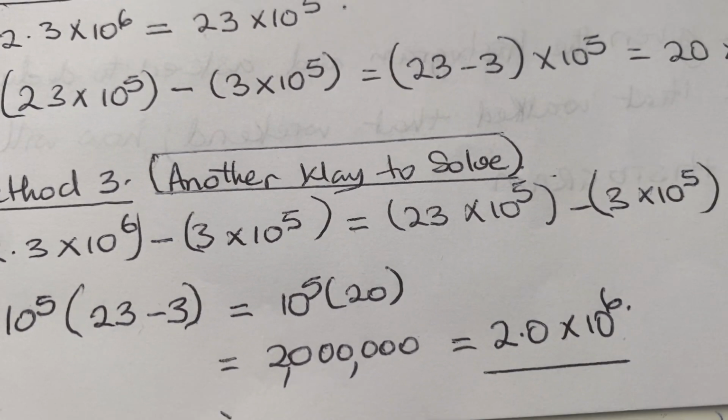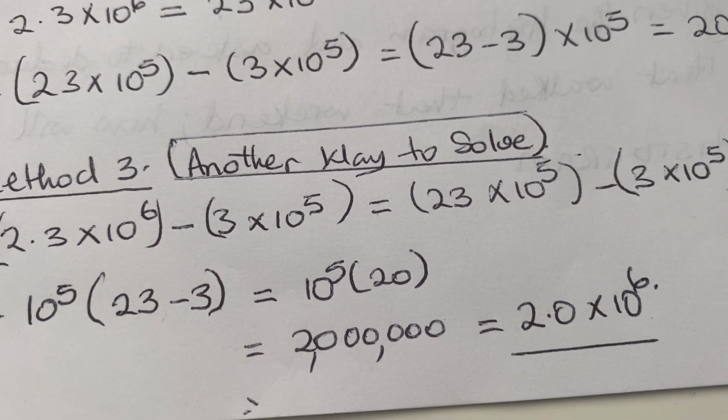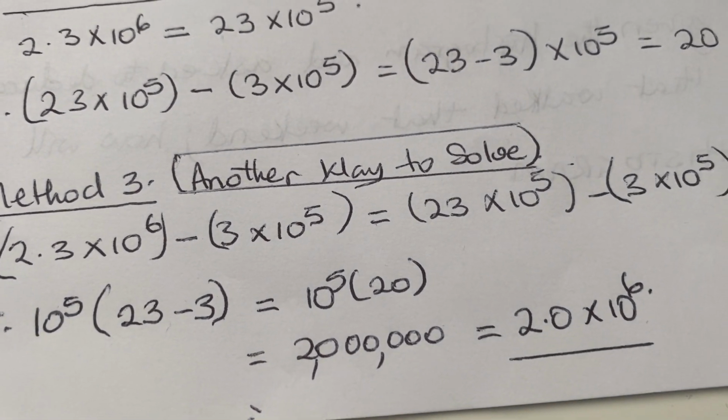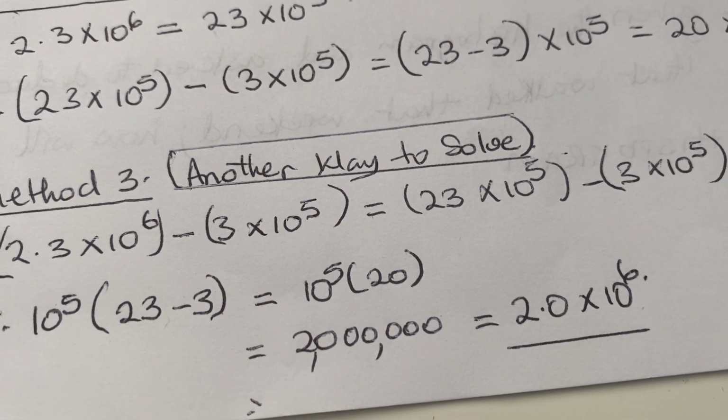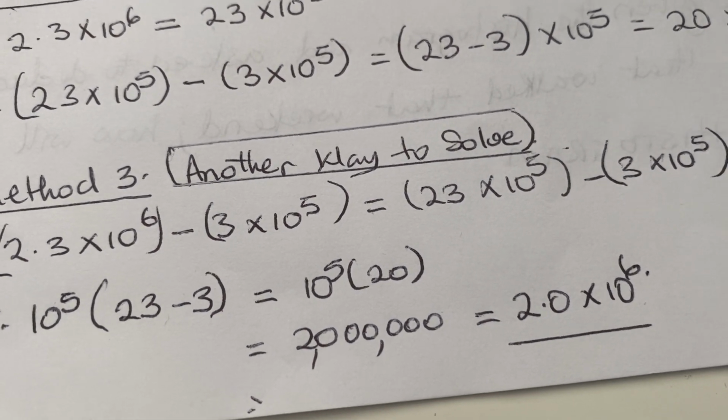Okay, whichever way you do it, these questions are maybe a mark or two. But if a question like this comes, it's fairly easy, so you can strive to get that mark. You can do it.